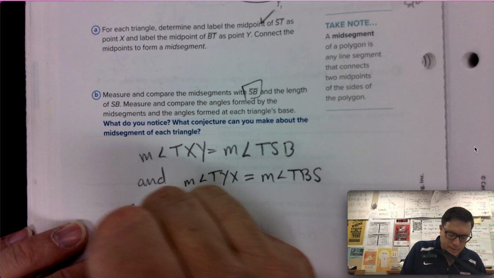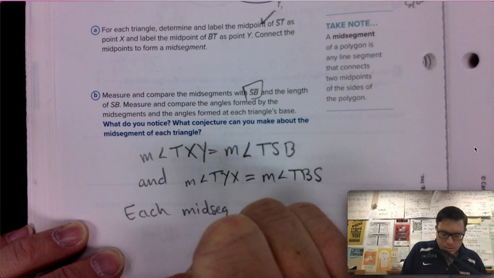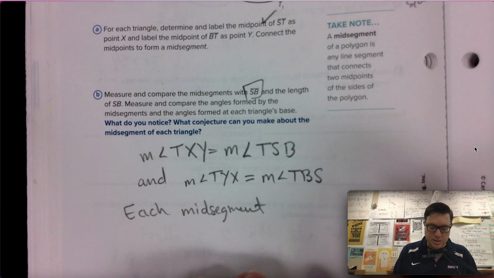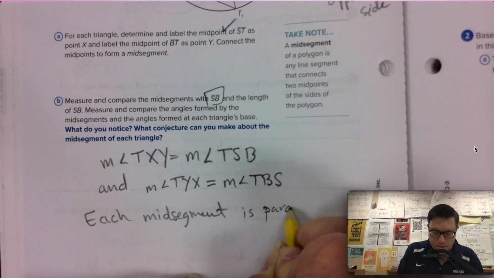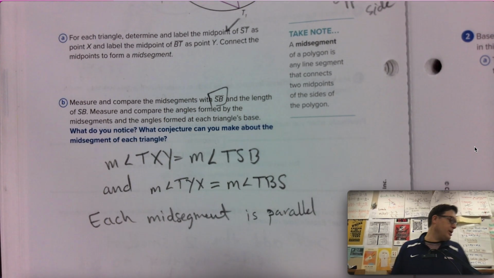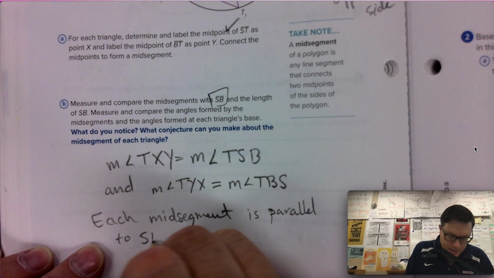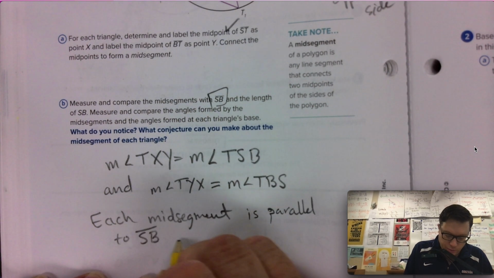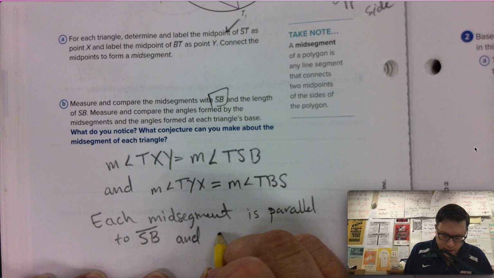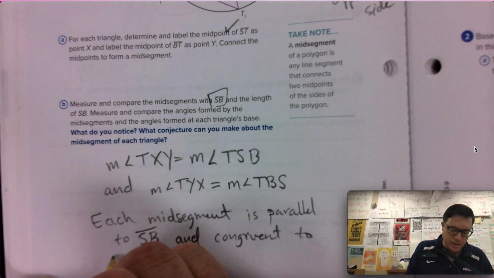Each midsegment is parallel. I didn't mention that up above, but that's something else to acknowledge. Each midsegment is parallel to the opposite side and congruent. Okay, parallel to SB and congruent. That's weird, but it works. Congruent to the other midsegment.